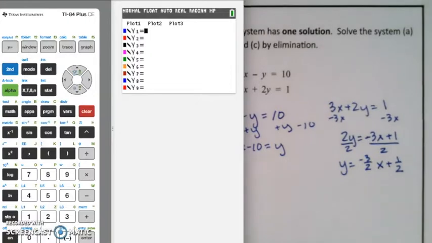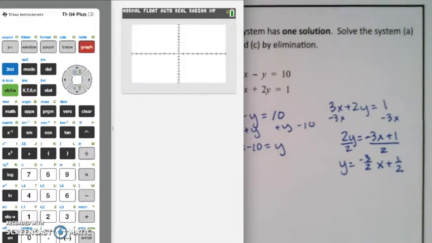Y equals, our first equation is 2x minus 10, enter. The second equation is negative, make sure you're using the negative and not the minus, 3 halves x plus 1 half. And then I hit graph, and I'm looking at these two lines, and I want to find the point where they intersect.